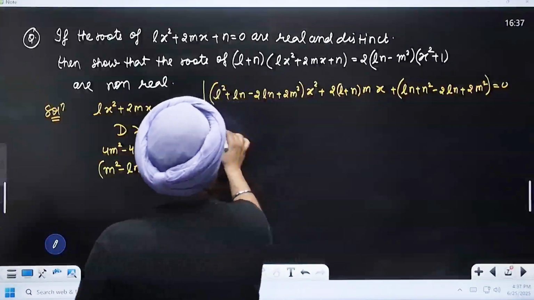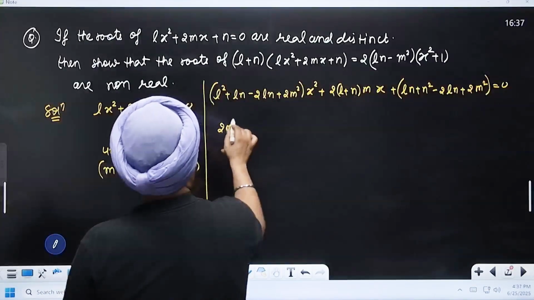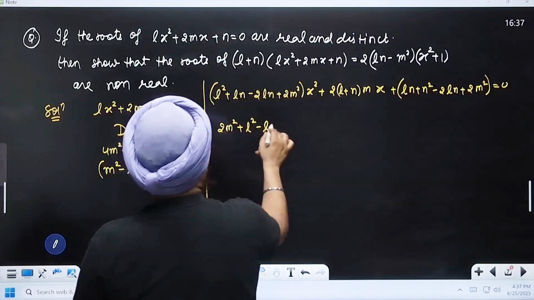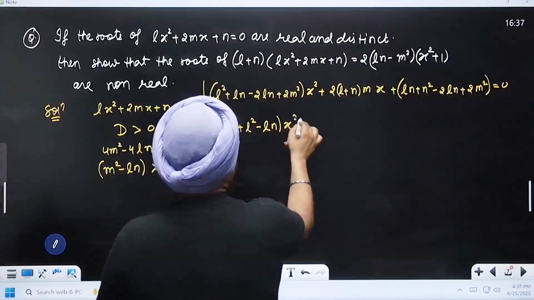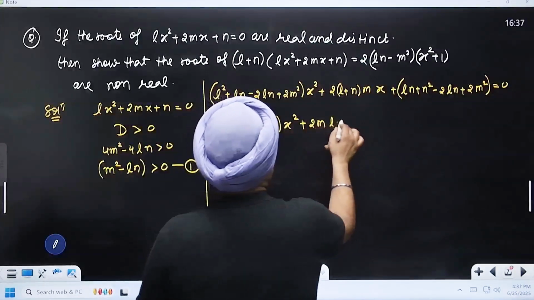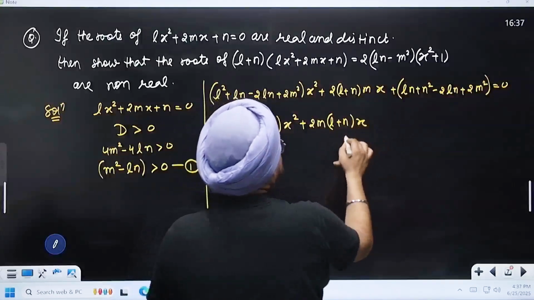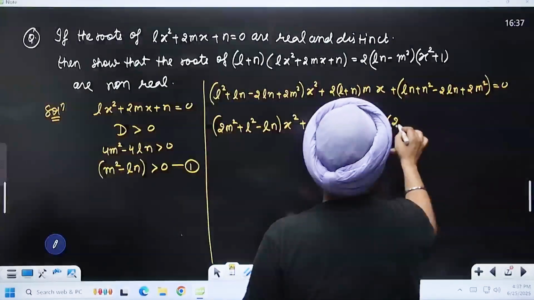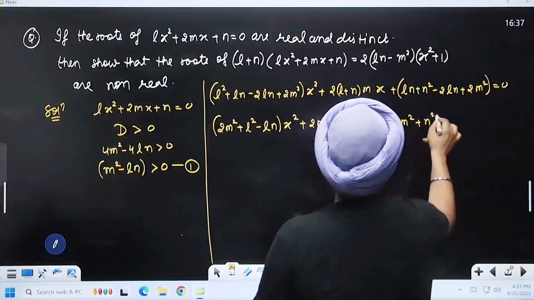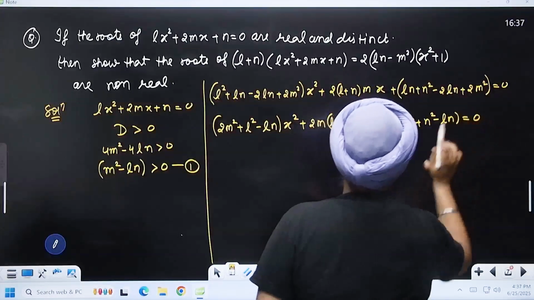So the quadratic becomes 2m square plus l square minus ln, x square, plus 2m into l plus n, x, plus 2m square plus n square minus ln, is equal to 0.